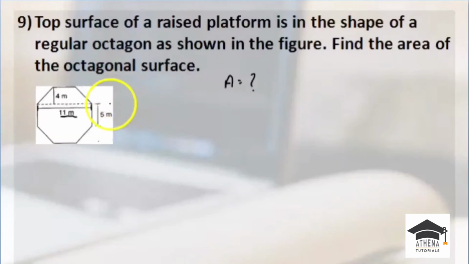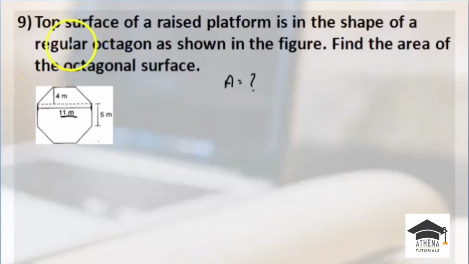So I have split this figure into 3 parts. Let's look at the first part. How does it look? It's a trapezium, right? And the second one will be a rectangle, and third one will again be a trapezium, right?